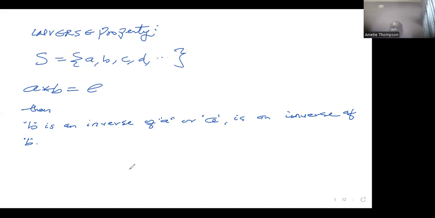So what am I saying in context? In this context, I mean that when you have two elements such that the collection of both of them by an operator gives you an identity element, one of those elements is the inverse of the other.